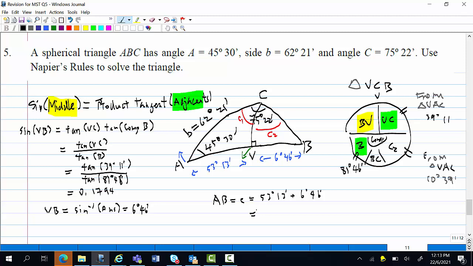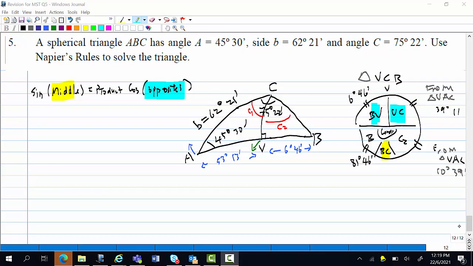So you get 59 degrees 59 minutes. Okay, so I think we round up to 60 degrees. Alright, so that will give you the BV, 6 degrees 46 minutes here.